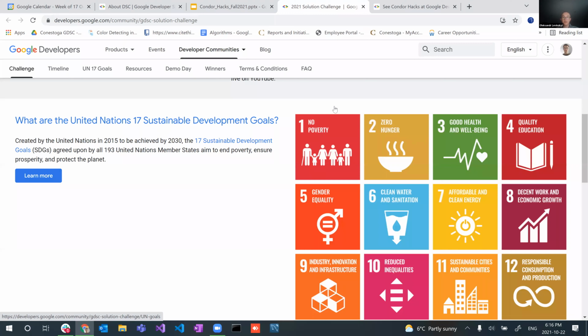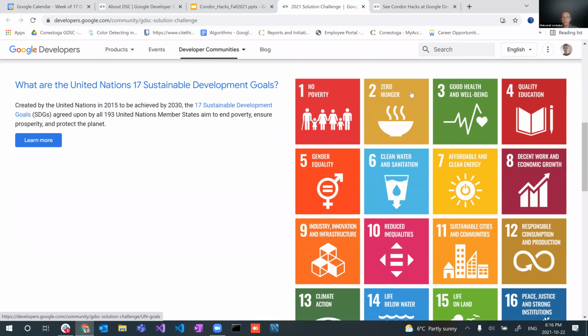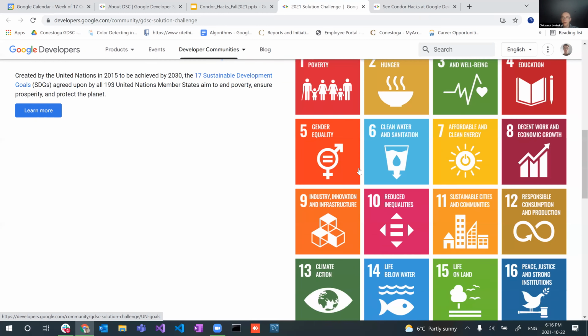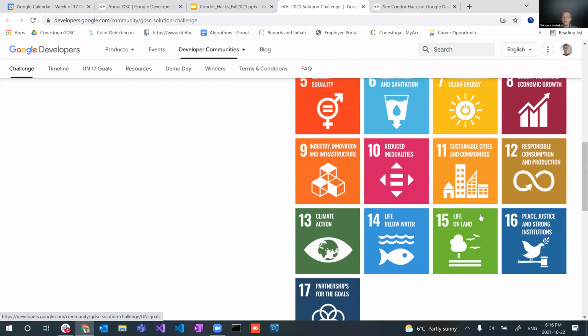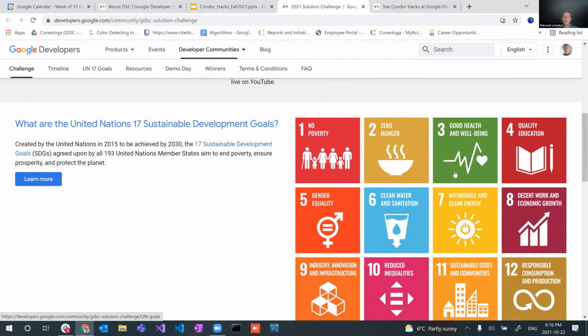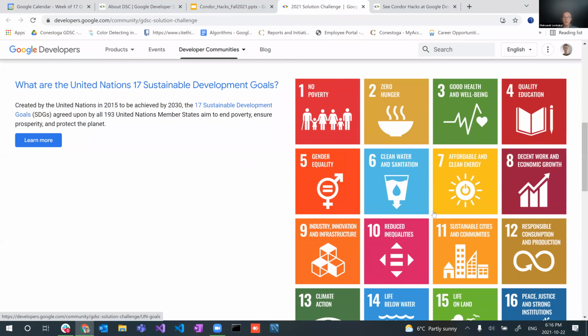You can see no poverty, zero hunger, quality of education, industry, innovation and infrastructure, climate action, et cetera. So a lot of them. You can pick one of these and try to solve it. Probably the most relevant would be quality of education, right?